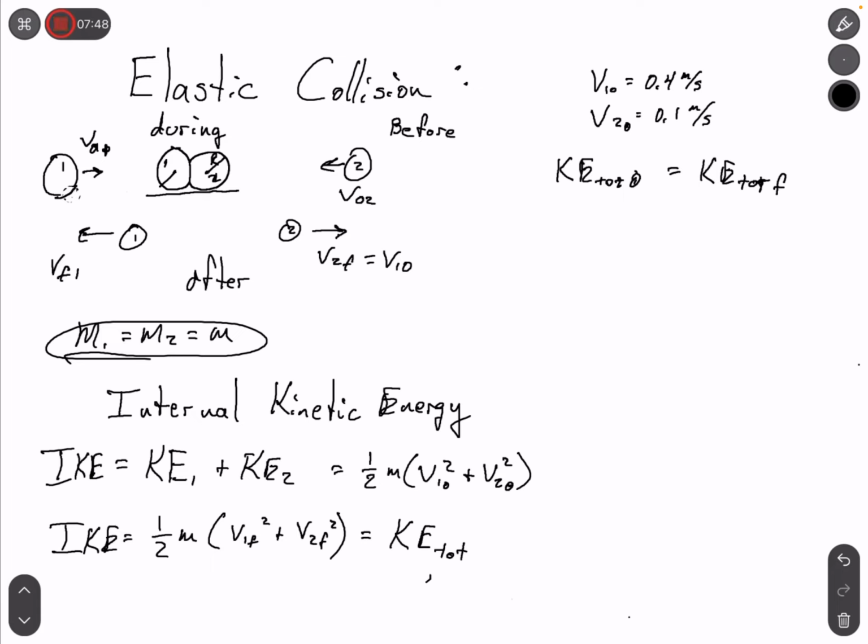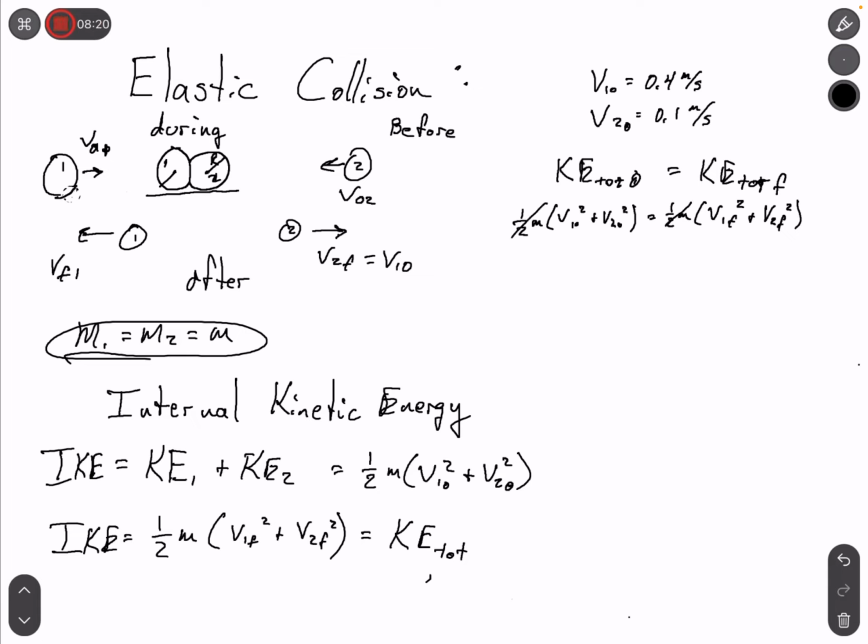Nice. Let's do it. We've got 1/2s all over the place. So we've got 1/2 m times V1 initial squared plus V2 initial squared, and that's going to equal 1/2 m times V1 final squared plus V2 final squared.